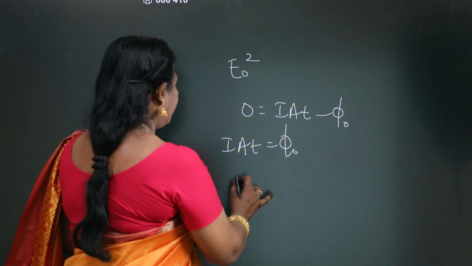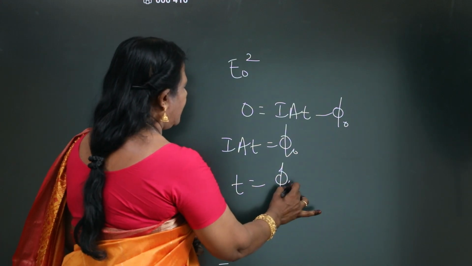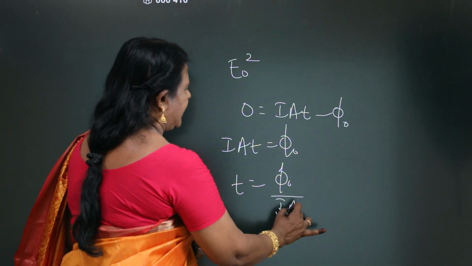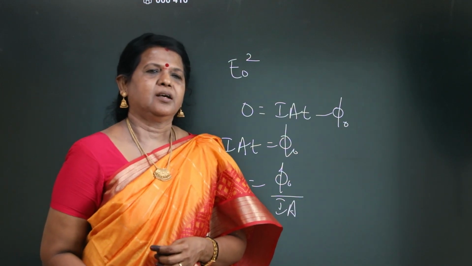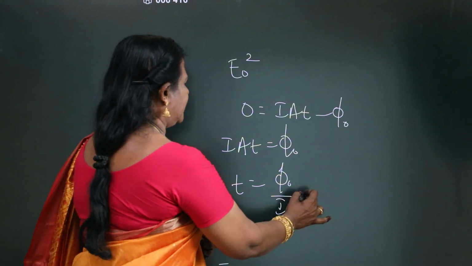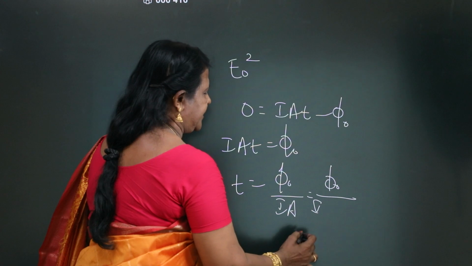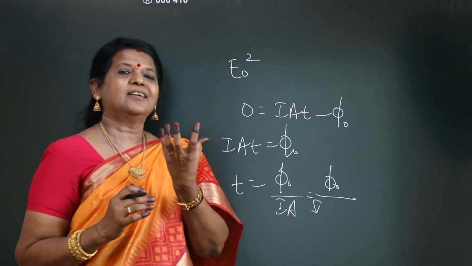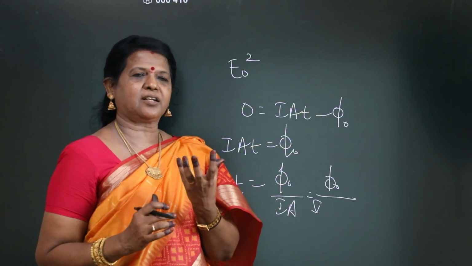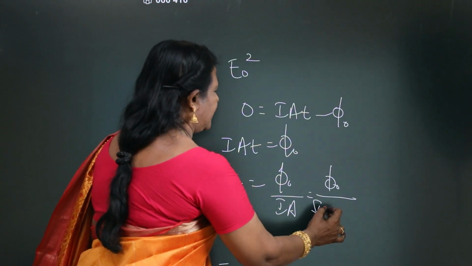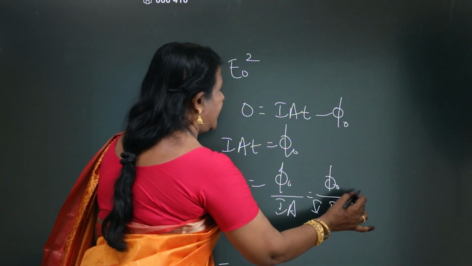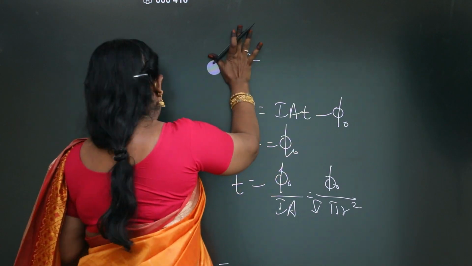So the value of t is equal to phi naught divided by I into A. Here, it is phi naught divided by the intensity of light I into A, where A is a circular cross section. For a circular cross section, the value is equal to pi r squared.